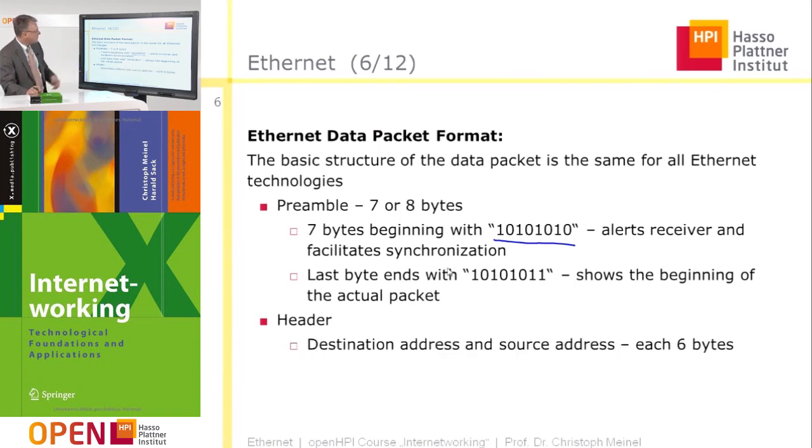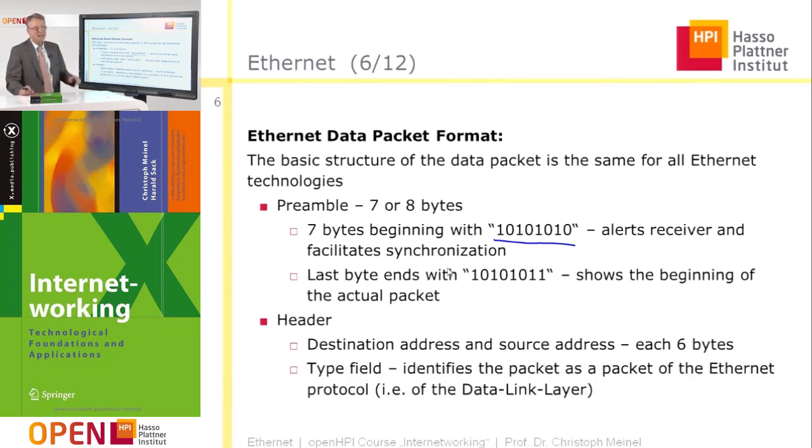Then, after the preamble, the header is the next part of such an Ethernet data packet, and here in the header, the destination address and the source address are the main information, each 6 bytes long. And then there is the so-called type field.